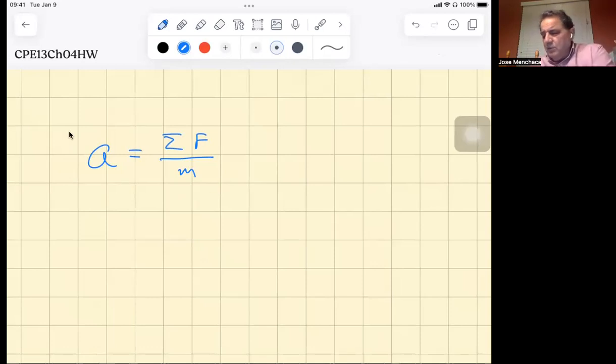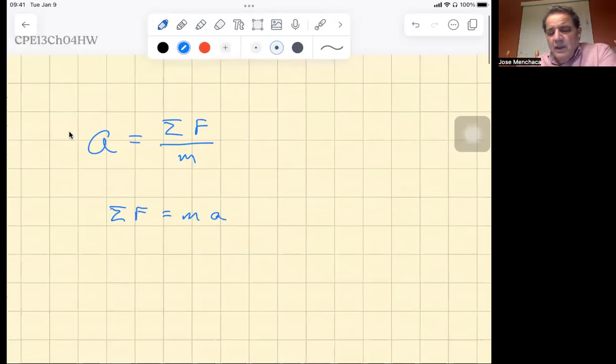It's inversely proportional. Now, we have another way of expressing this, and that is that the total force, the sum of the forces, is equal to mass times acceleration. Now, weight is a force. It's a downward force caused by gravitational acceleration.